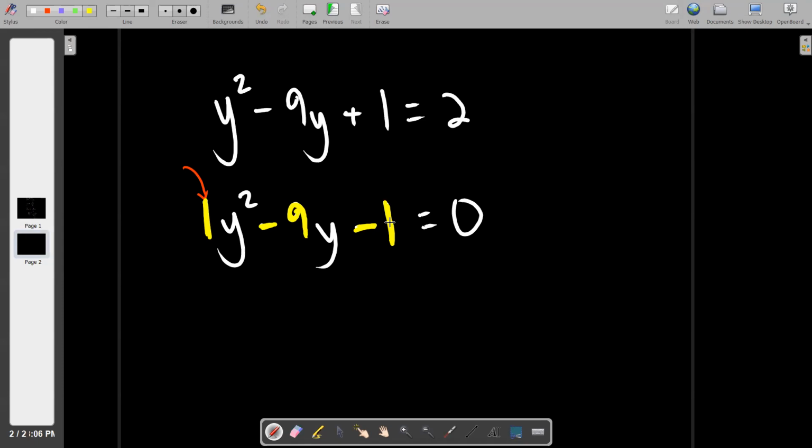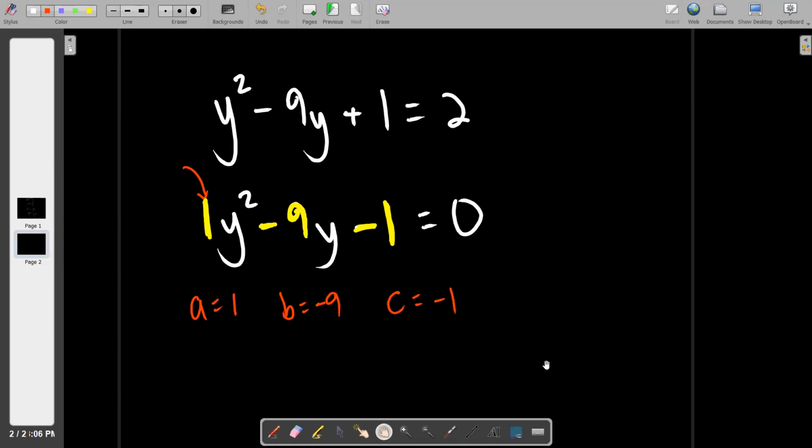Just the yellow numbers are the A, the B, and C. You with me? So let's try this thing. Let's keep going. What's A? One. B, minus 9. C, minus 1.